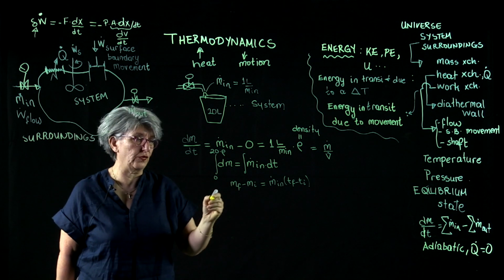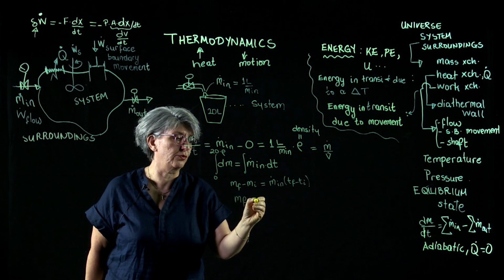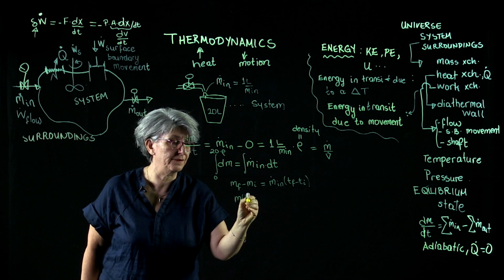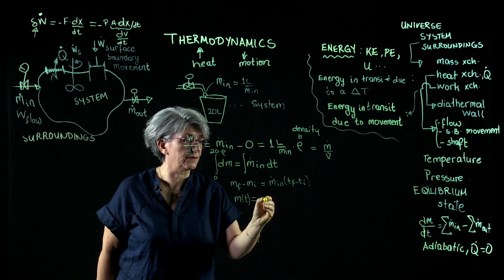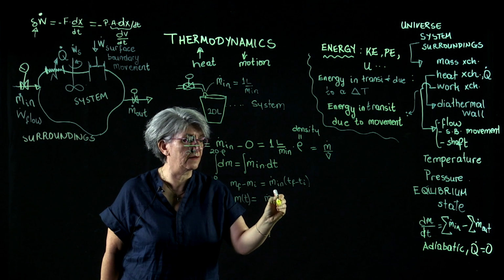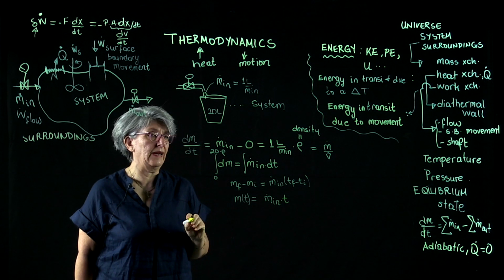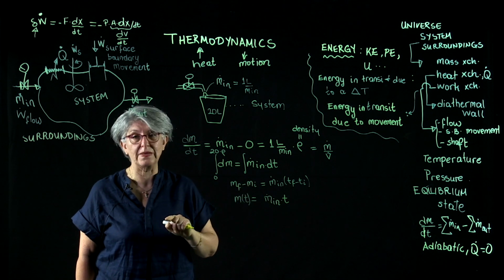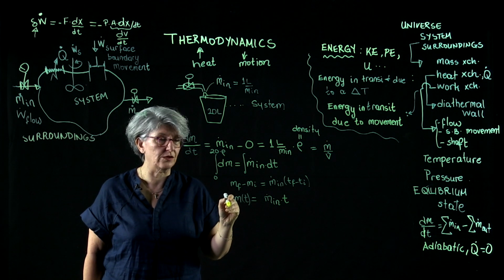The general solution will be m at any time t is equal to m dot in times t. At time t equal to 0, m initial was equal to 0. So we added the boundary conditions for the general solution.